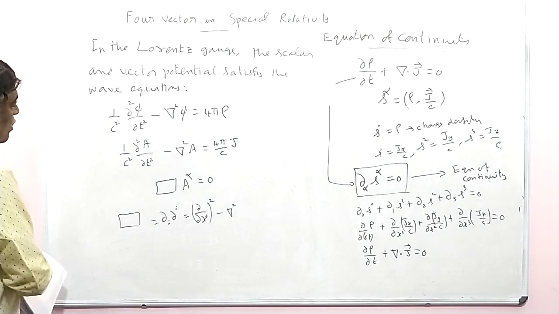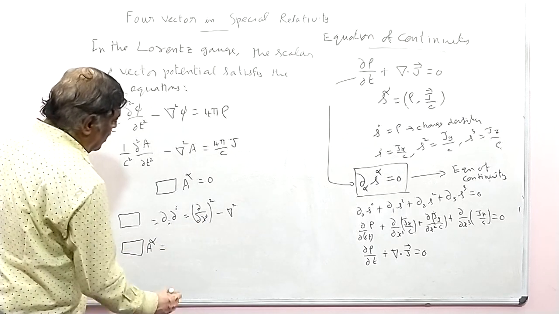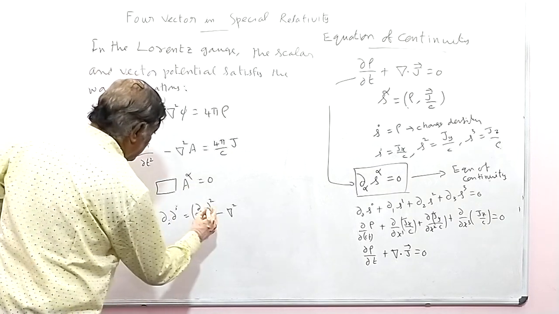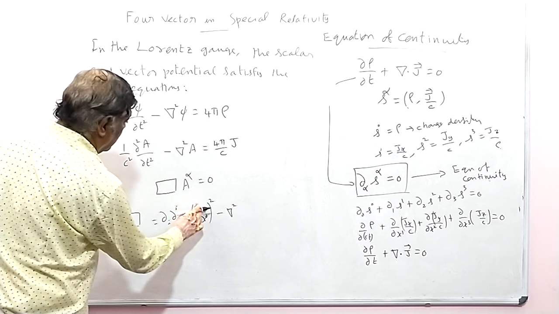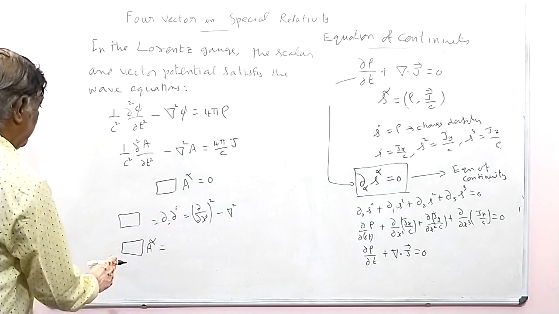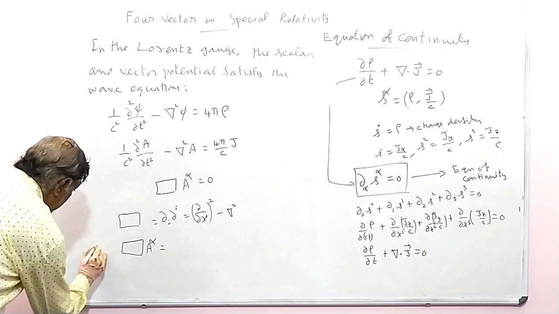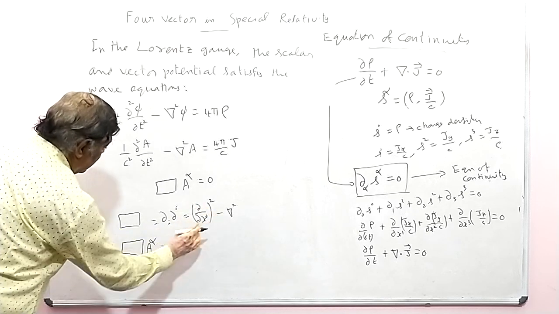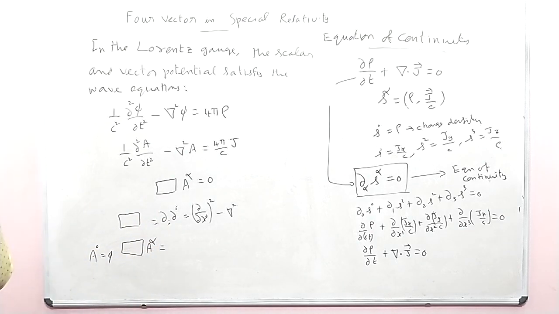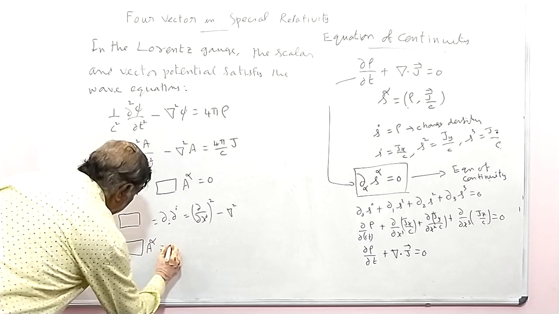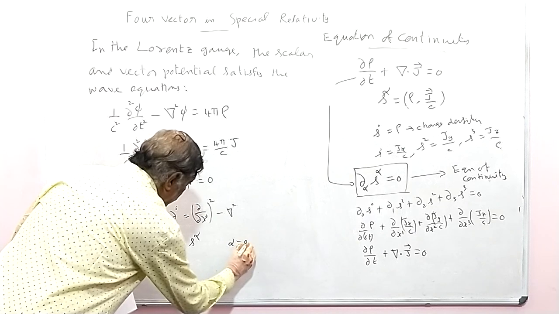If you put A0, and the remaining components of A here, with A0 equal to phi, you will get this equation, and del square A alpha is equal to 4 pi S alpha, where alpha is equal to 0, 1, 2, 3.